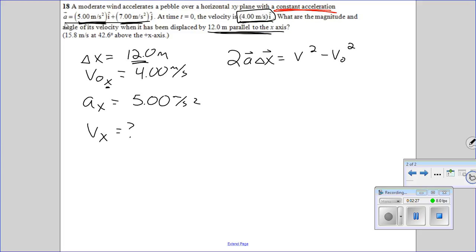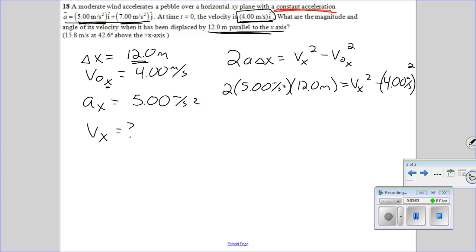Okay. So, I guess I don't really need these vector hats on this because technically this is... All right, so here we go. Oh, sorry, I should put my x's on here, right? Because we're just looking at the horizontal motion at this point. Because that's what we know about our displacement. So here we go. 2 times our acceleration, 5.00 meters per second squared, times a displacement of 12.0 meters equals Vx squared minus 4.00 meters a second.